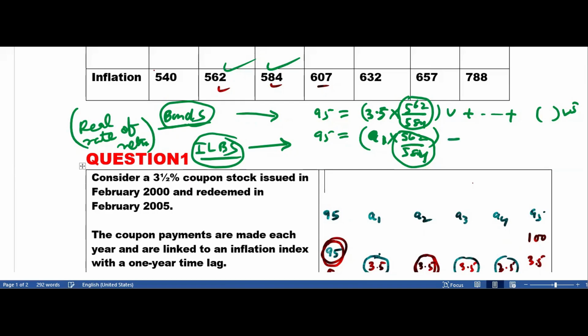If you have any doubt, you can clarify now. This will be A5, that's all. And here it will be A5. Let me write the last, 3.5 multiplied by 788, 657.